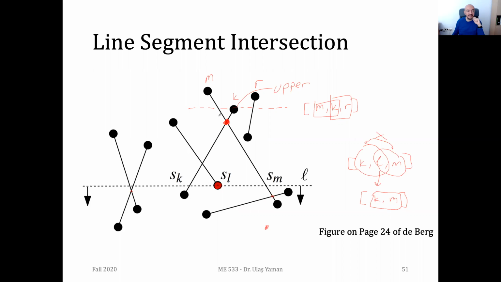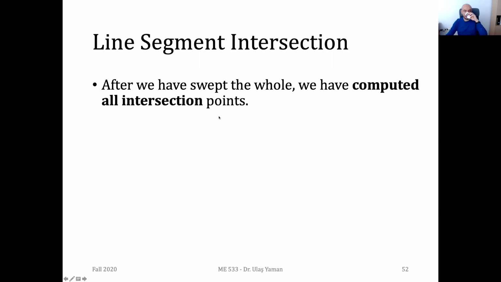This is actually the summary of what we do in the lower endpoints, or lower event points. So with the help of this algorithm, once we sweep the whole plane, we have completed all the intersection points. We shouldn't have missed any intersection points once you follow the details.